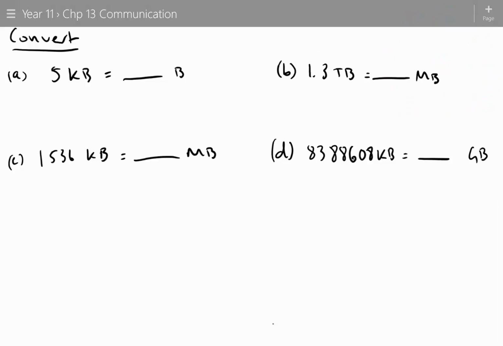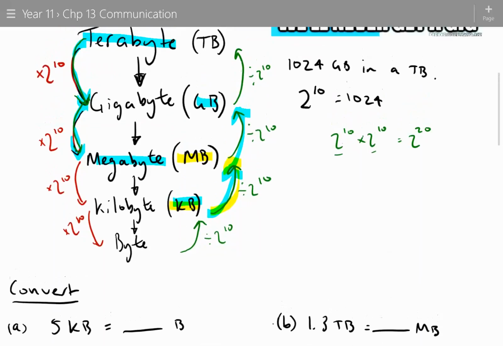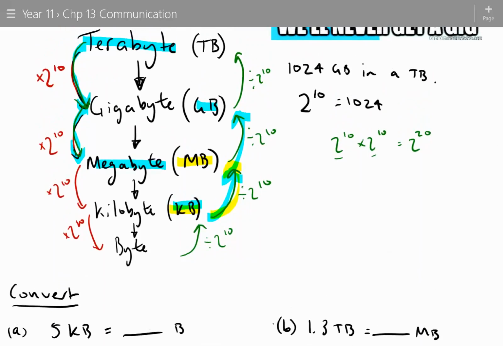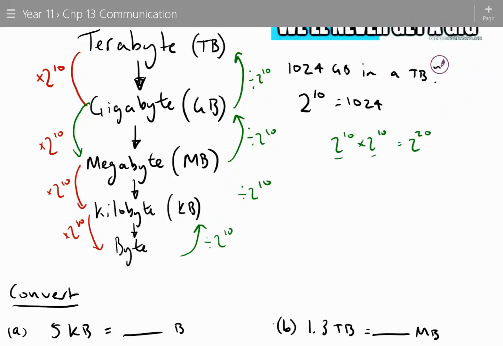So in your notes that you've just written down, we are going from kilobyte down to byte.